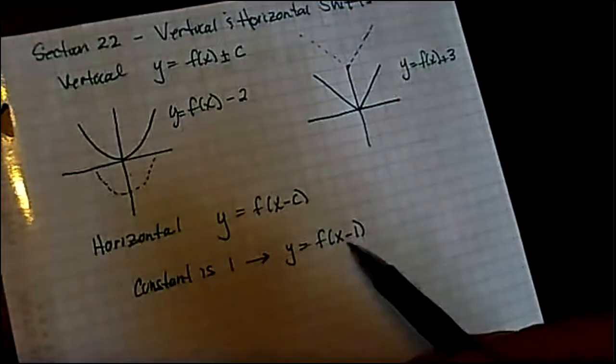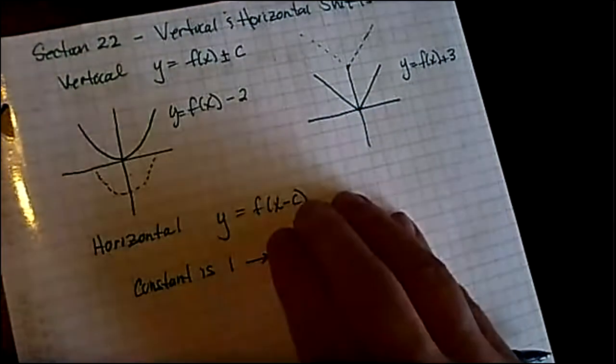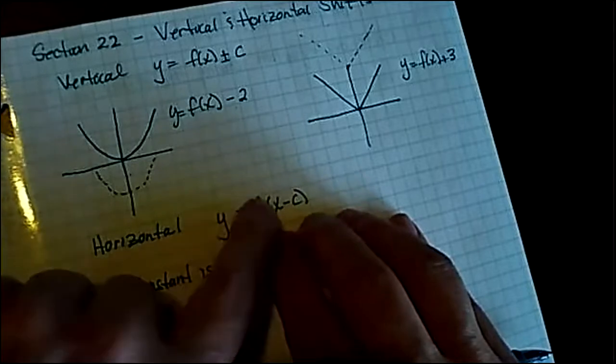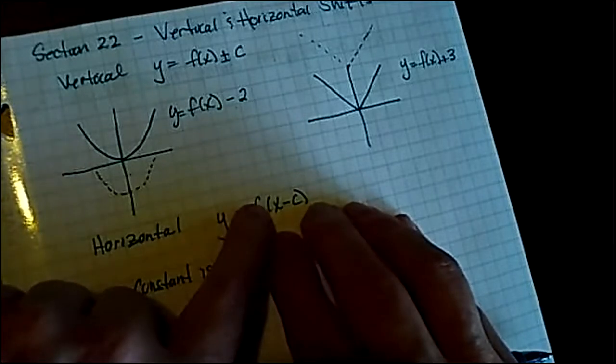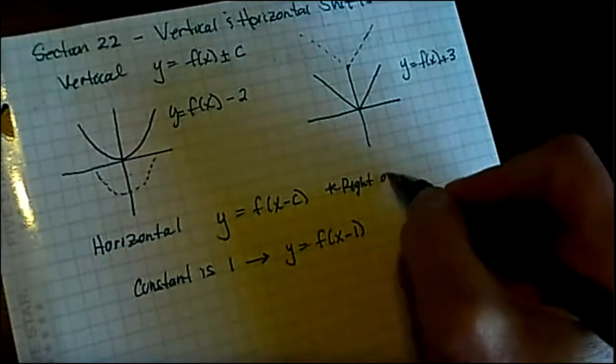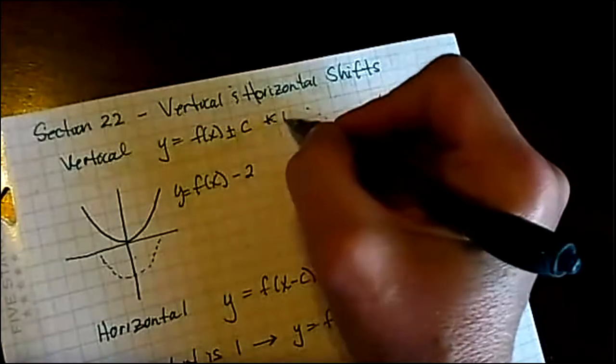Well, what is it that I'm really trying to shift here? I'm trying to shift it a positive 1. So a horizontal shift is going to be a right or left shift. I can put that right here, right or left. And I'll put up here on this one, up or down.